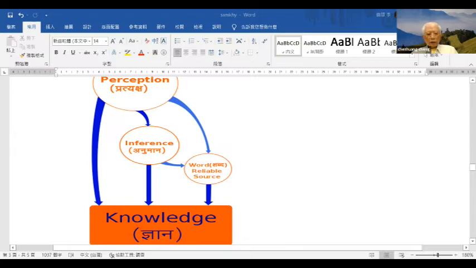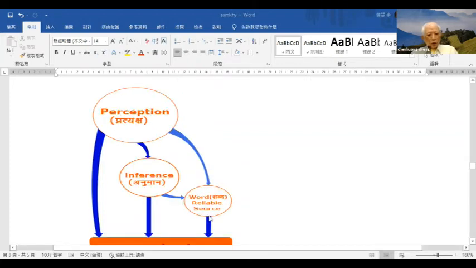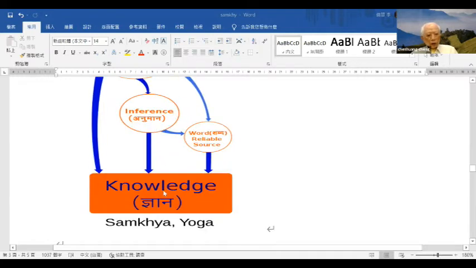Therefore, in Samkhya philosophy, it is stressed to have the correct, the right understanding of the knowledge. The knowledge comes from perception, inference, and also word. Word means reliable source, or the so-called sabda, the teaching from the guru, the teaching from a teacher.